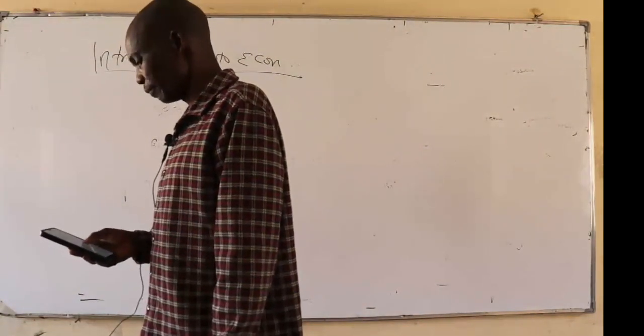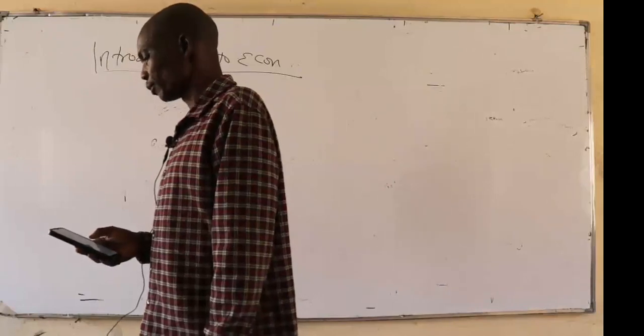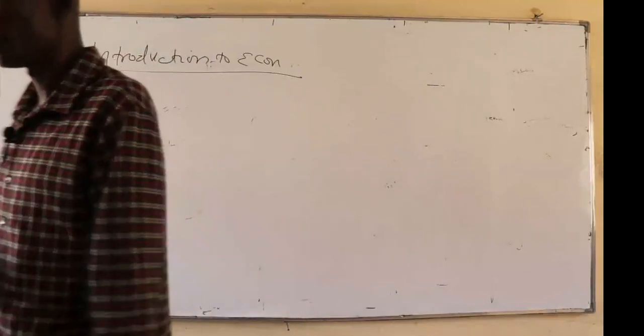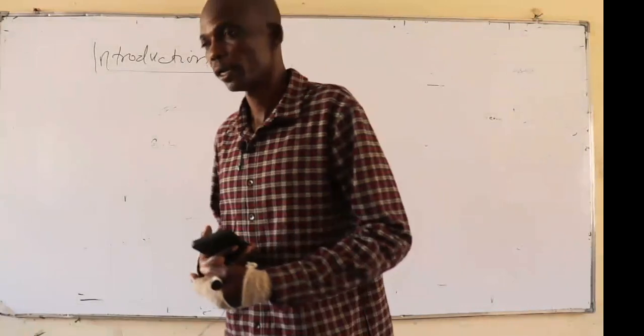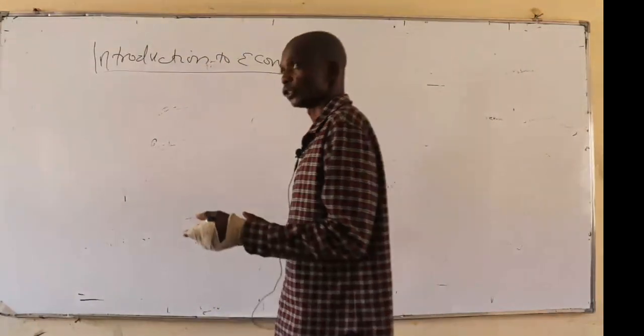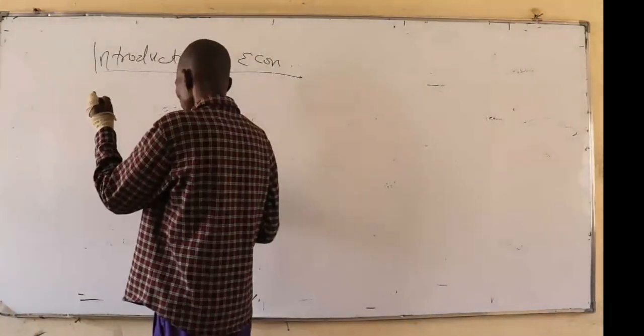So you can briefly write, scope of economics, then write: as an area of study, comma, economics has two main branches.